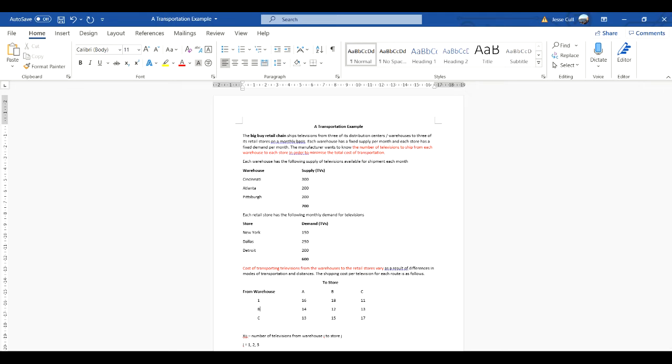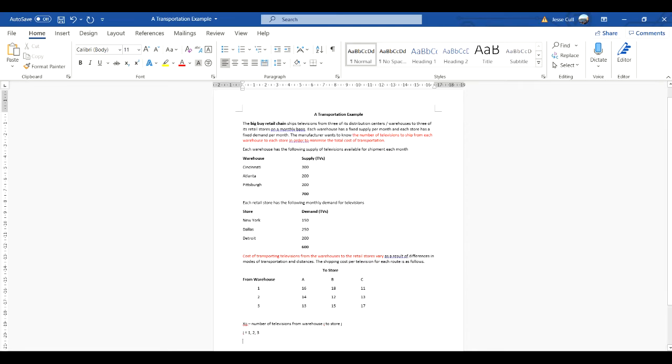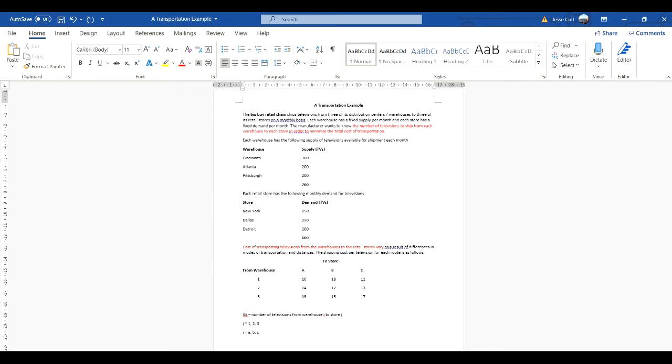And j is equal to A, B, and C. So we have a situation where X1A is equal to X1.